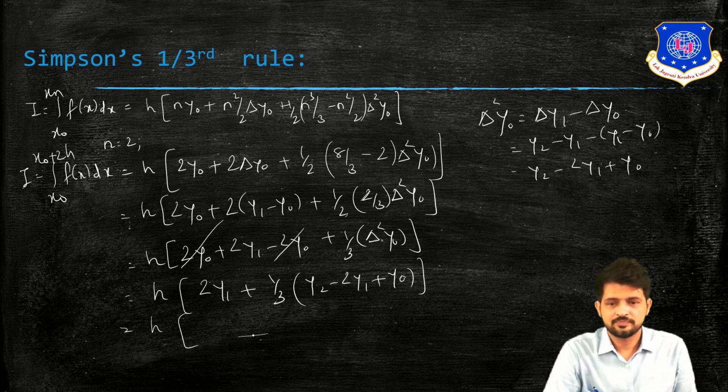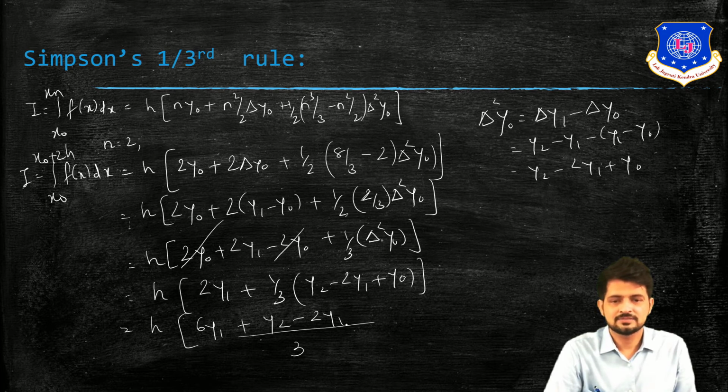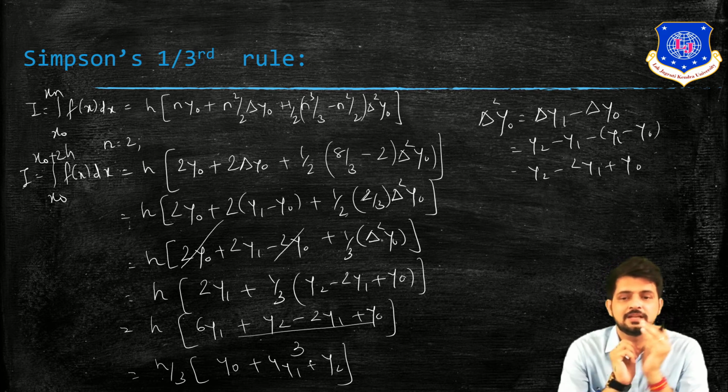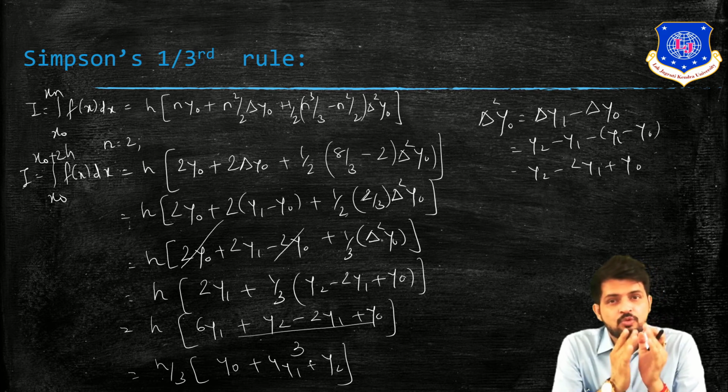The LCM will be 3. Here it will be 6y1 plus y2 minus 2y1 plus y0. If you simplify this, the answer will be h by 3, y0 plus 4y1 plus y2.